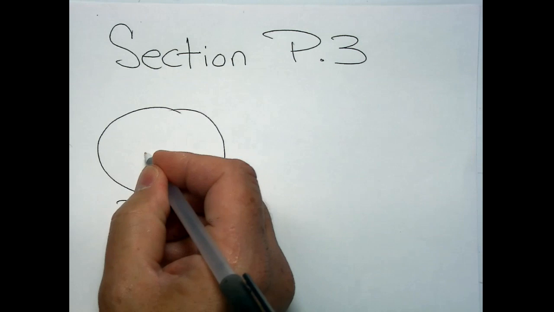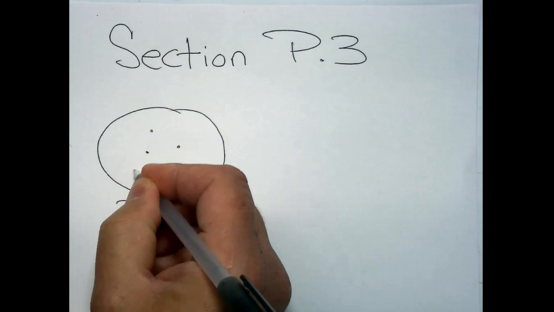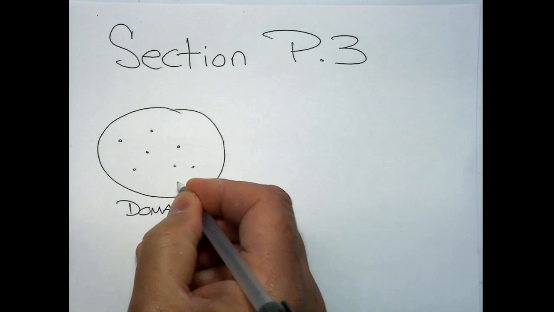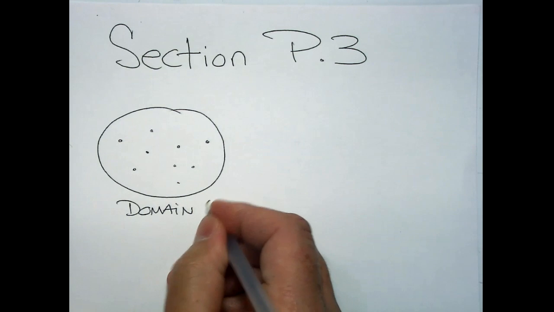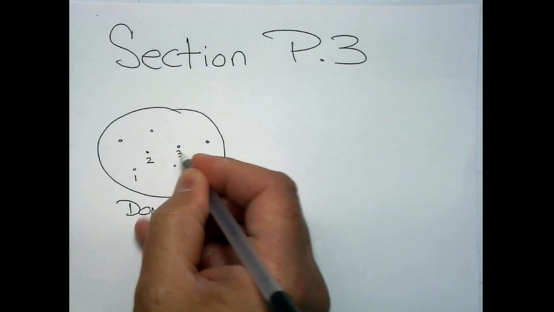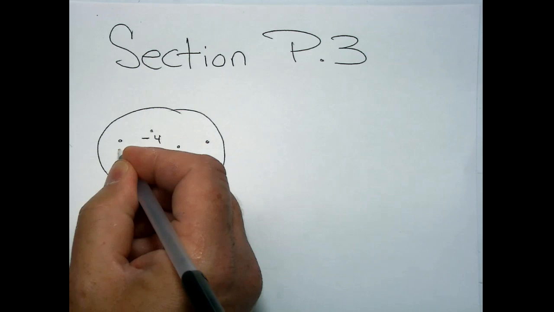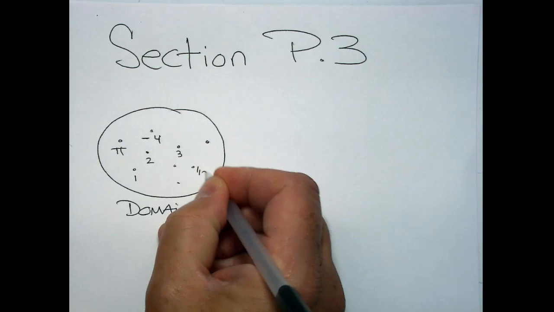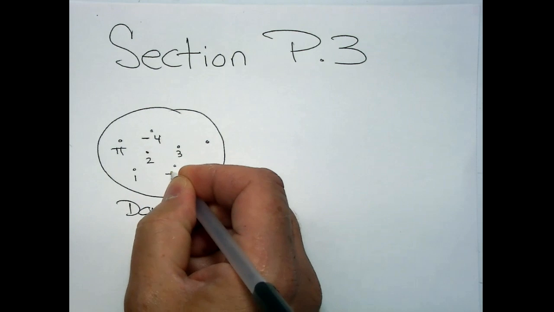In the domain are real numbers. We're sticking with real valued functions right now. And these real valued functions are x's. So there could be all sorts of stuff in here. 1, 2, 3, -4, pi is in there, 1/2 is in there, 0's in there. They're all here.